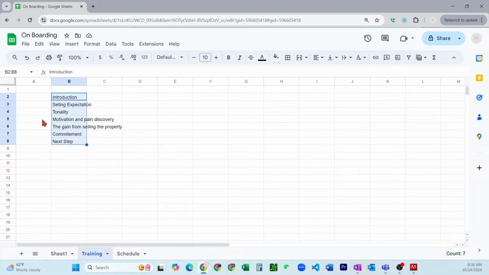Then we ask for the commitment, like from 1 to 10, how important is this? We want to know, besides time, money, and other people involved, what is stopping us from working together. And then what's the next step? Next step is retransition to me, and I can help them close it.